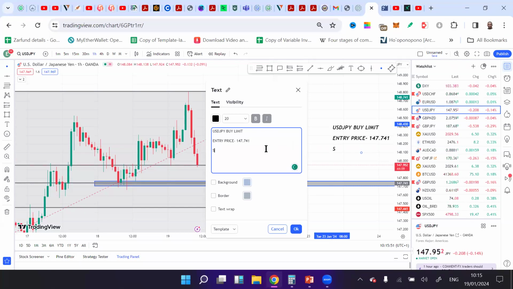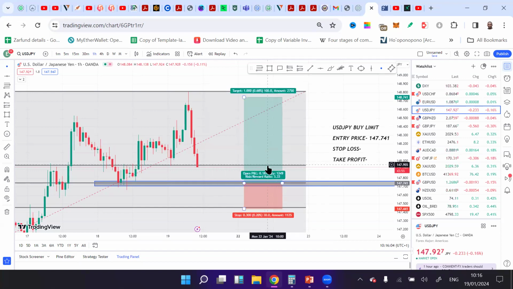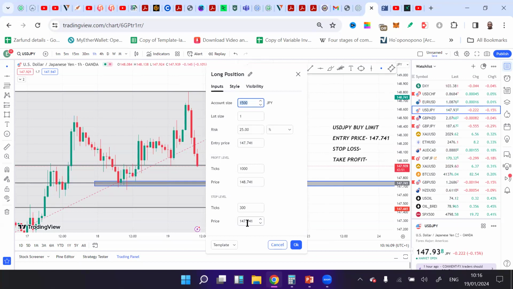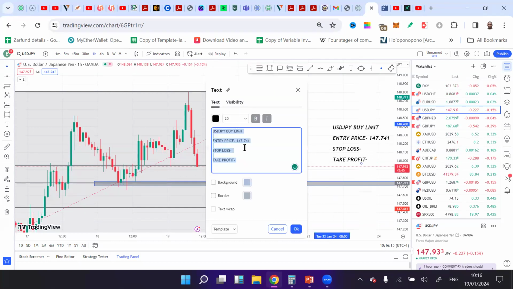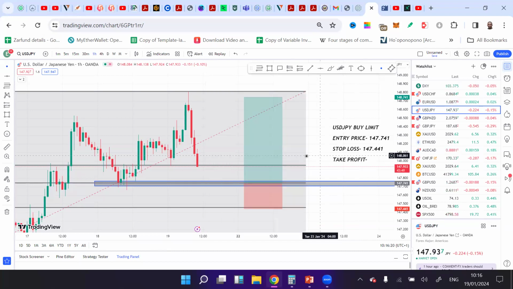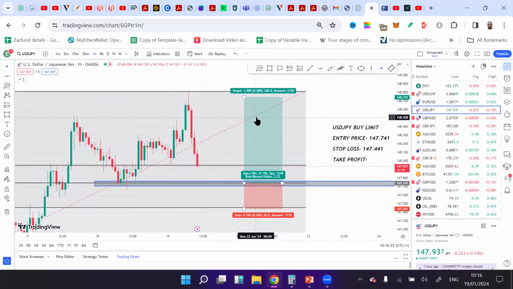Then we have stop loss, then we have take profit. Okay, so let's look at what stop loss and take profit are going to be. Stop loss is 147.441.